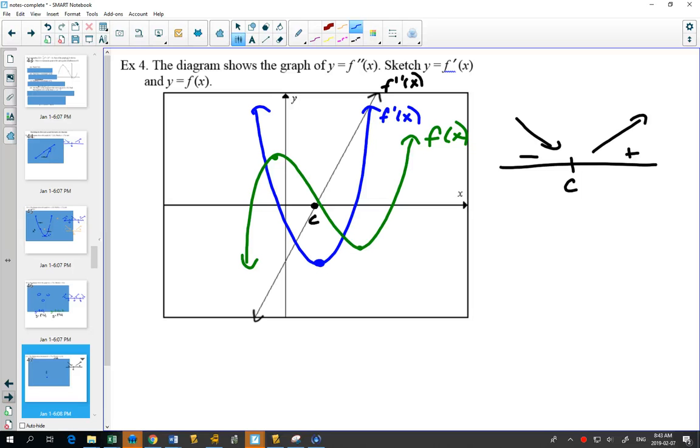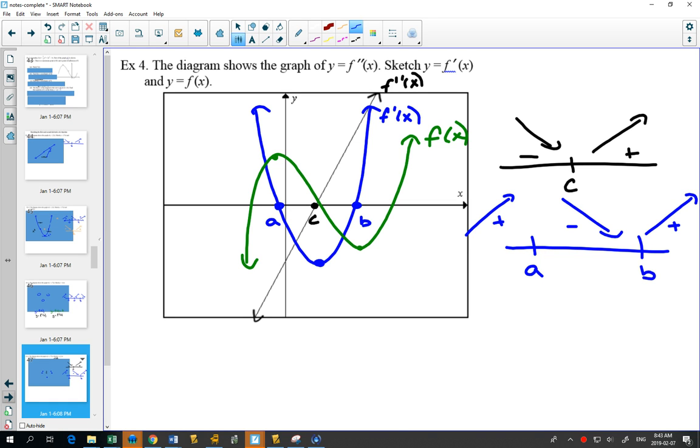And then once you have your blue graph, wherever your blue graph is, oh, it's going to bug people who like the alphabet. Well, we have two x-intercepts on our blue graph now. I'll call them A and B. My blue graph is positive, then negative, then positive, which means if I went backwards one step, my original graph had to be increasing, then decreasing, then increasing.